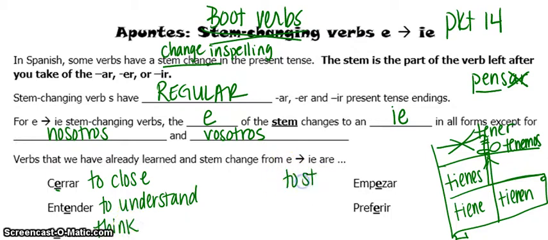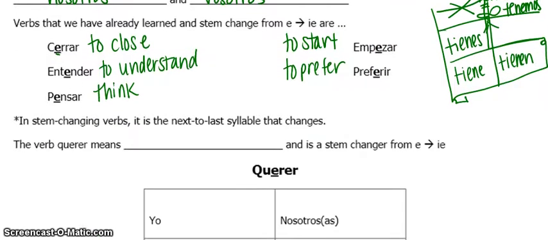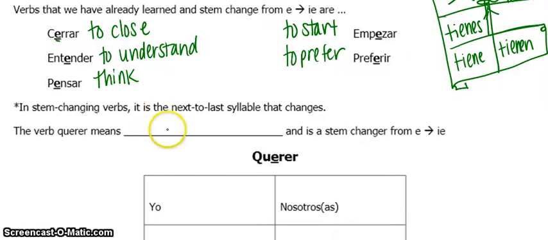Empezar is to start or to begin something, and preferir is to prefer. If you take a look at all of these vowels, it's the vowel right before the ending that's going to change. In stem changing verbs, it's the next to last syllable that changes. It's right before the thing that you drop.